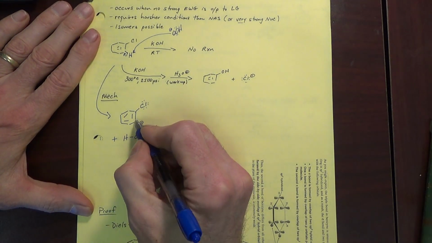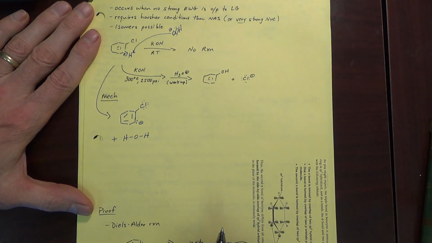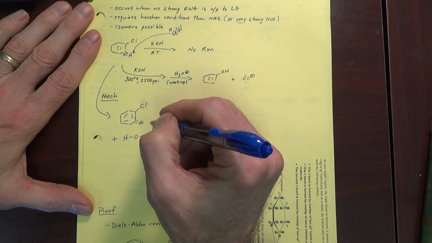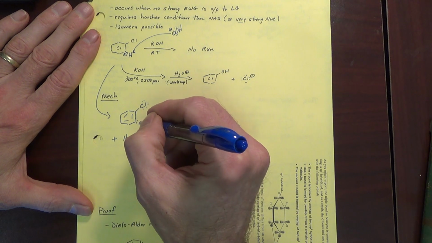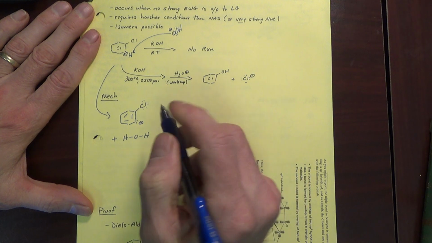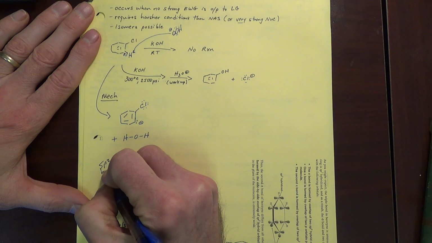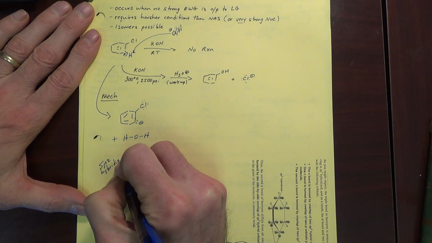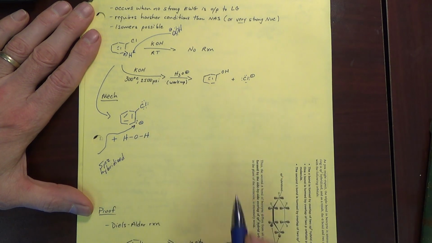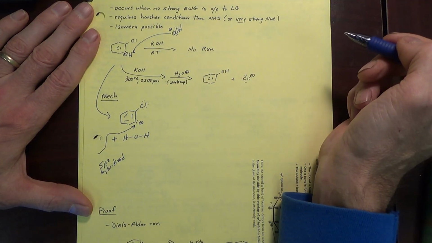Now, this is a plain carbanion. There is no resonance here. It is not resonance stabilized. The only thing it has going for it is sp2 hybridized. Now that is a traditional acid-base reaction.